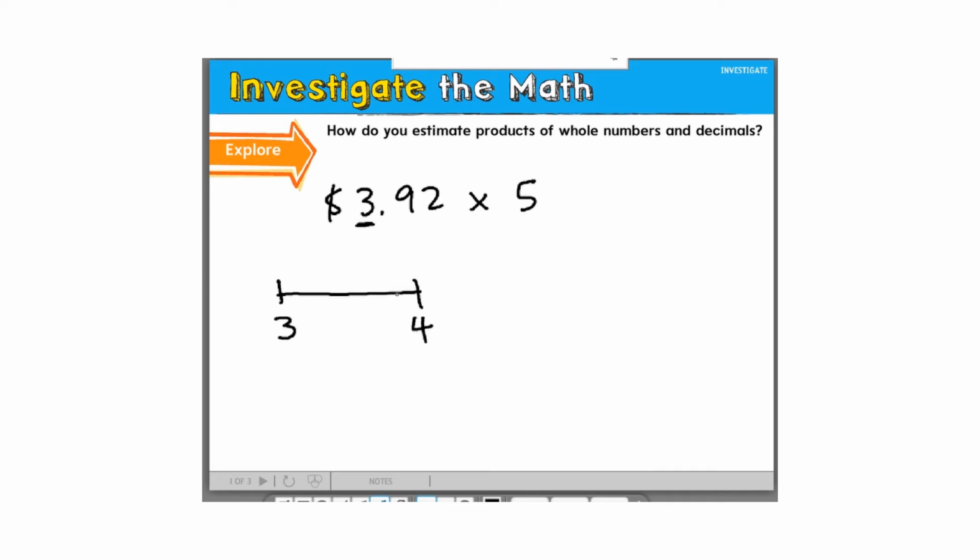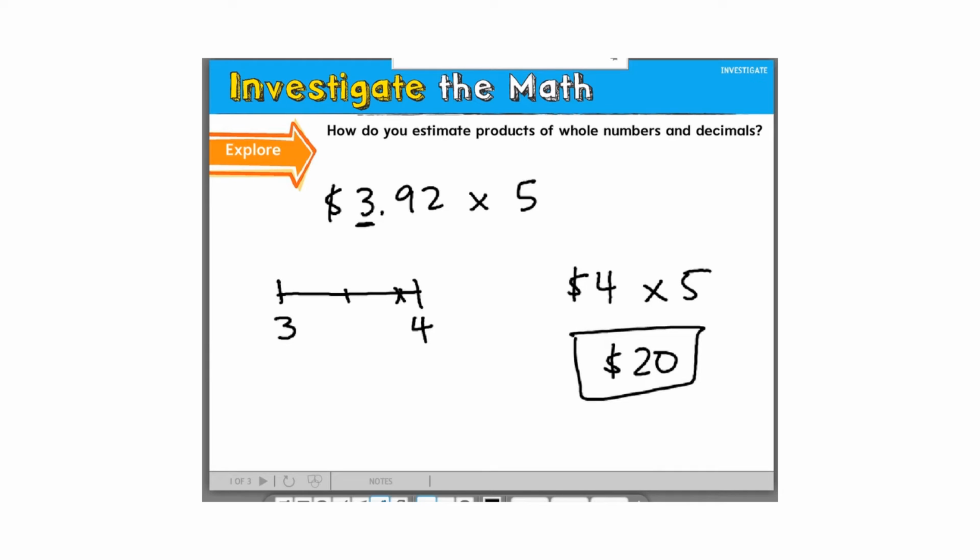So $3.92 is going to be pretty close over here, right? If $3.50 is here in the middle, $3.92 is way closer to the 4 than it is to the 3, right? So that means we would round it up to $4. And if we multiply that by 5, our final answer would be $20.